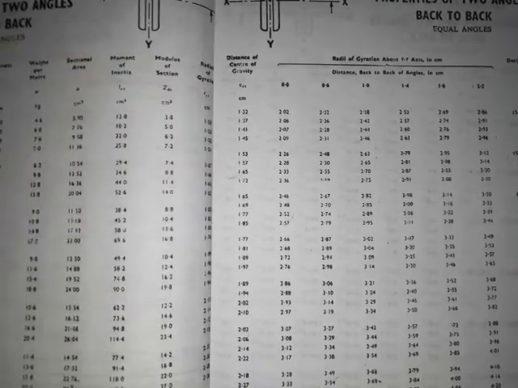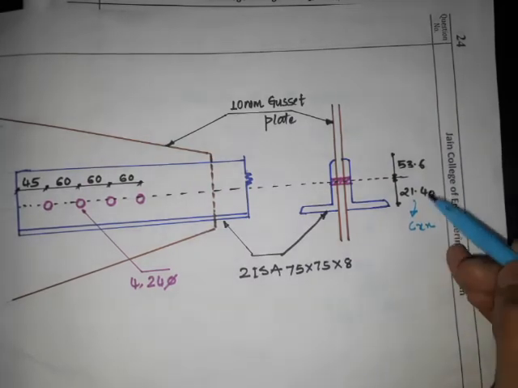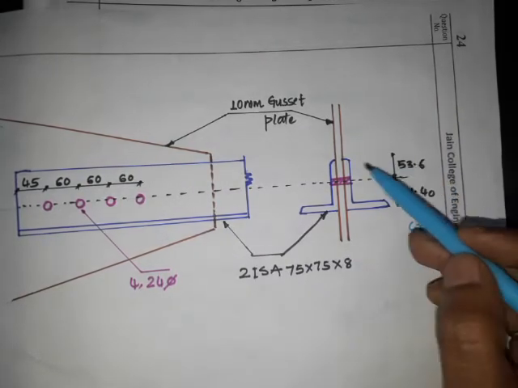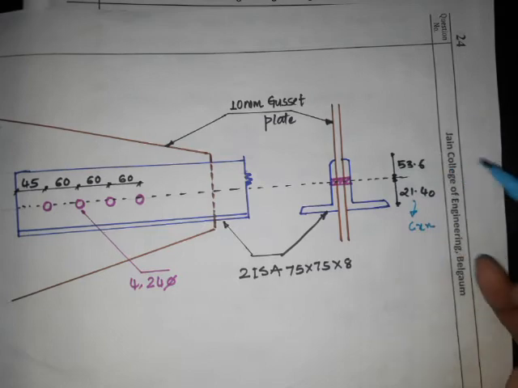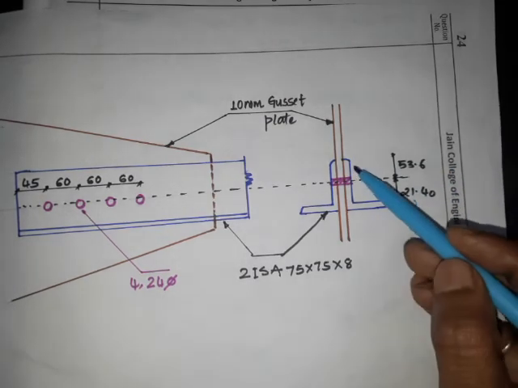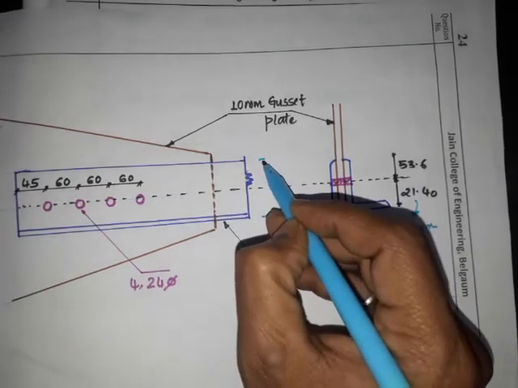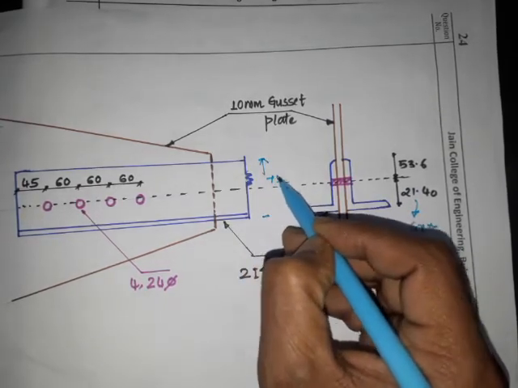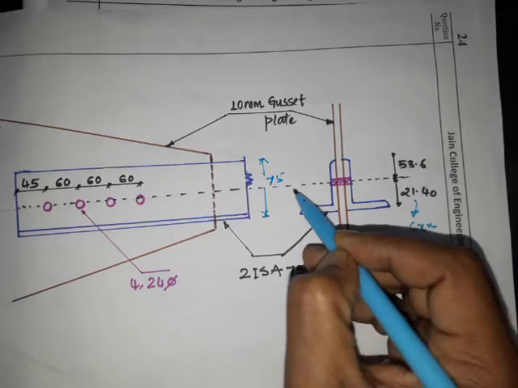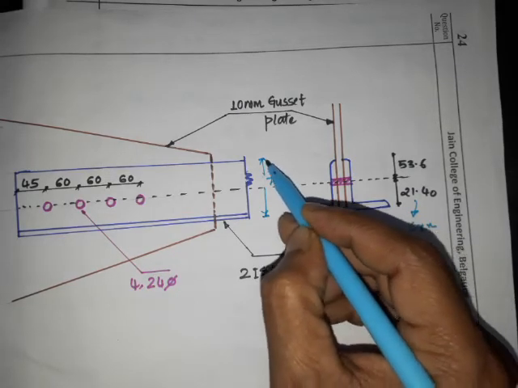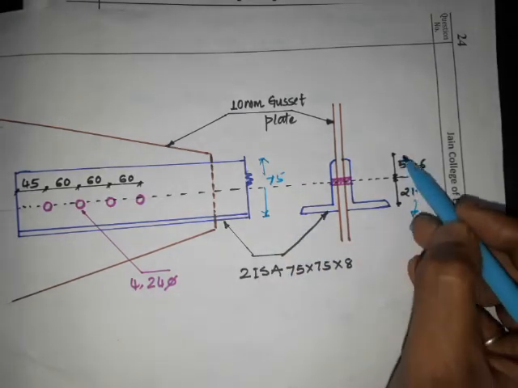So you have to note down from the steel table. Understood? Or what you can do, this is 75 in total from here to here, so 75 minus Cxx gives this value.